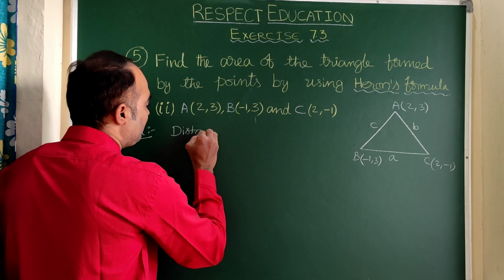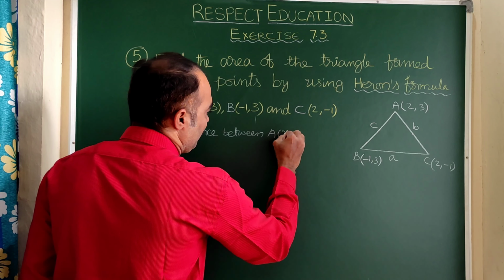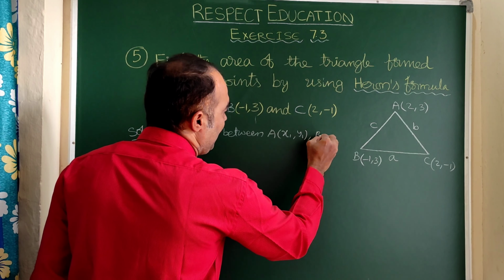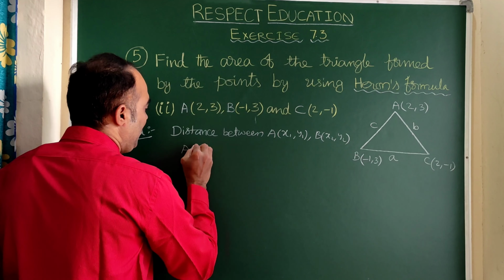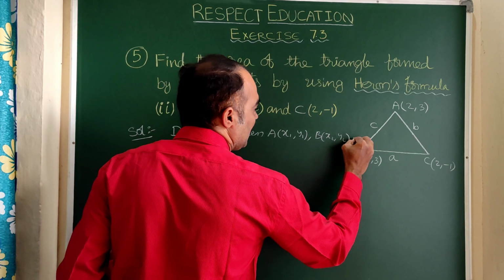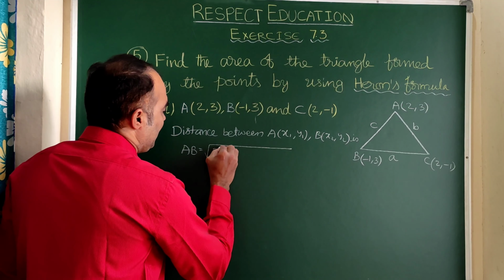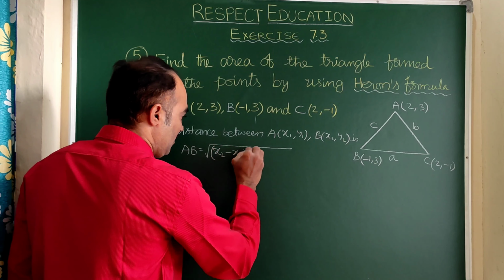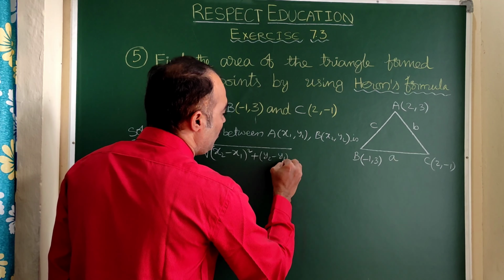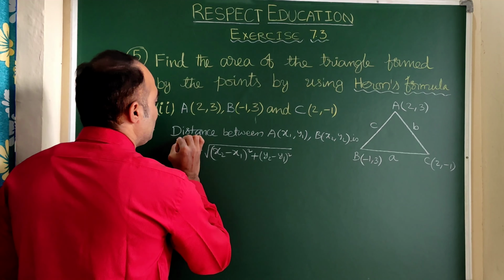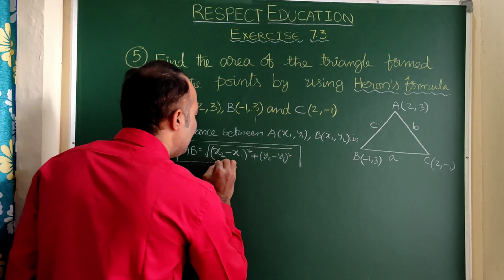Distance between A (x1, y1) and B (x2, y2), AB is equal to, here I am writing, AB is equal to under root (x2 minus x1) whole square plus (y2 minus y1) whole square, under root. So based on this formula, we are going to find the distances.